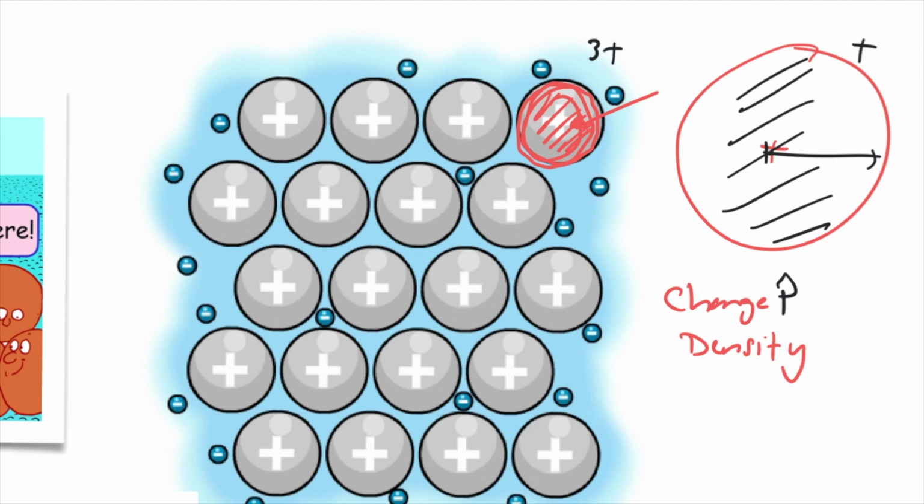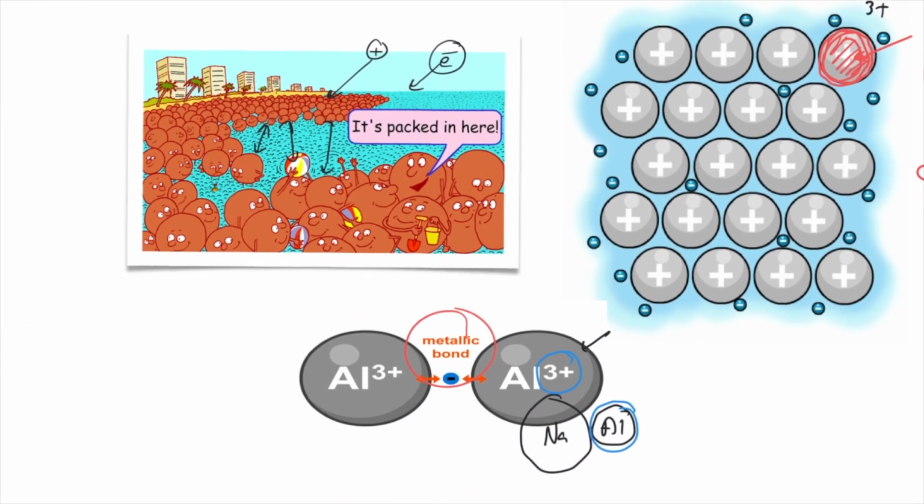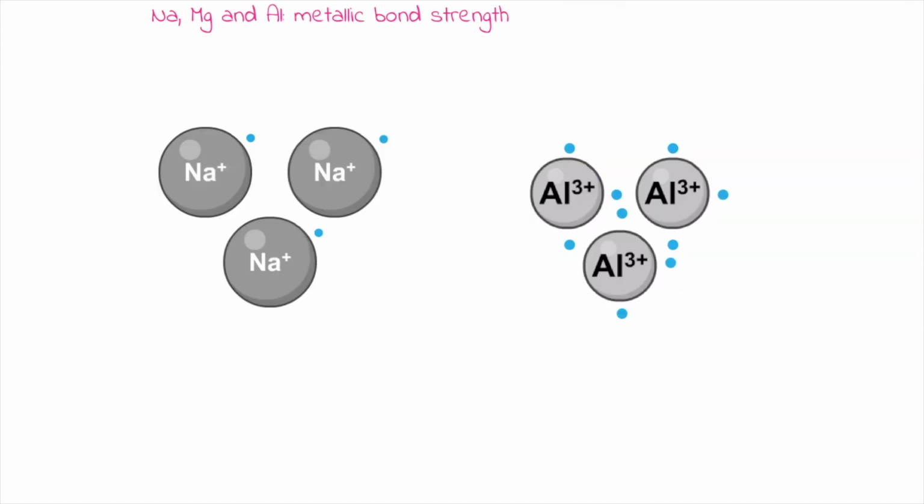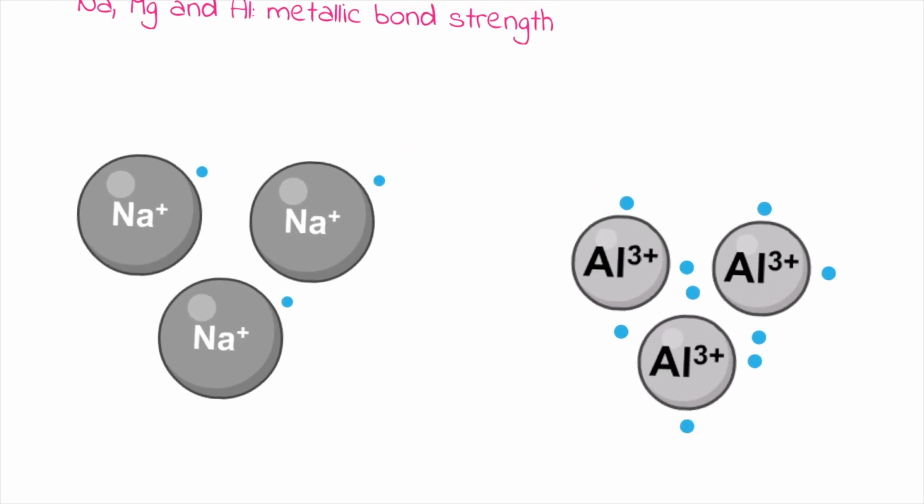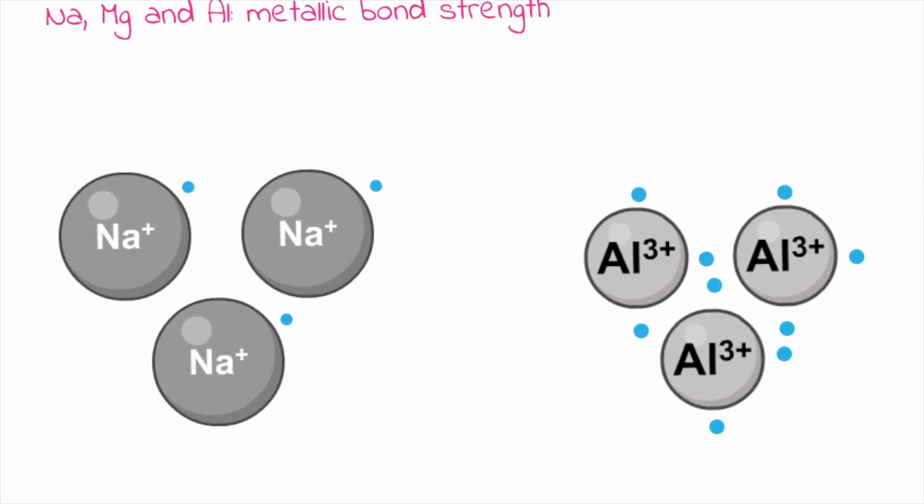In other words, the greater the charge density, the higher the melting point. So we're going to elaborate on the charge density concept here. Once again, I have sodium. Look at the size. I'm going to make it bigger because that's what it really is. Sodium has a larger radius and sodium has 1 plus charge.